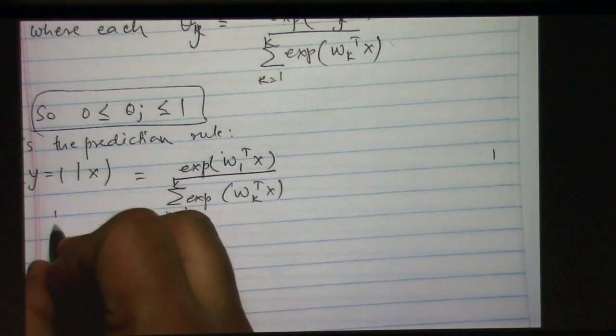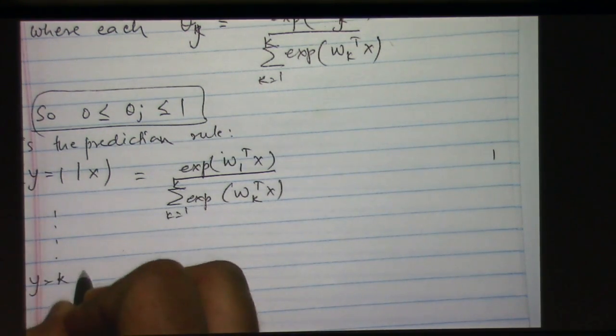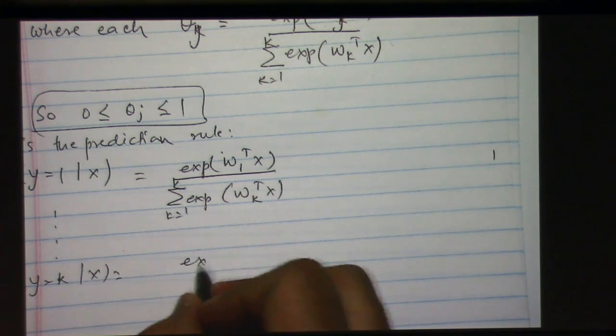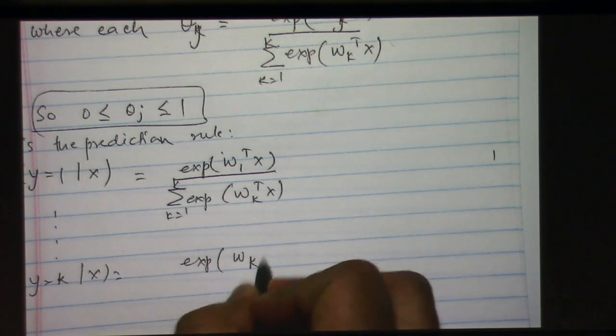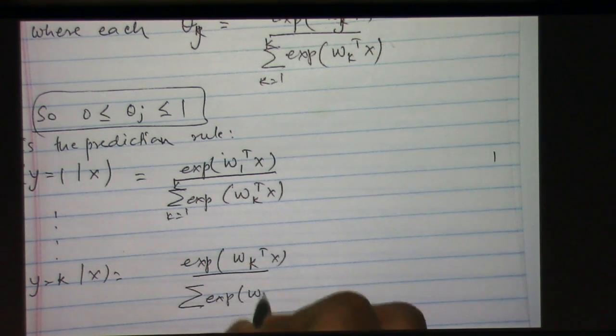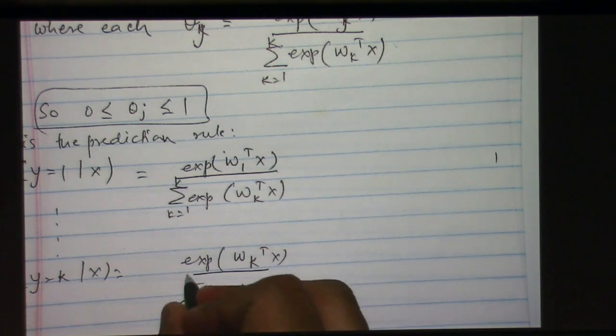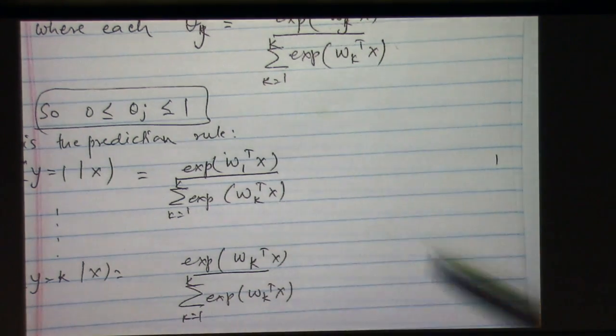And then so on, y equal to 2, and so on, up to y equal to the last one, k, which will be exp of wk transpose x divided by the summation. And since these are all probabilities, they'll all sum up to 1.